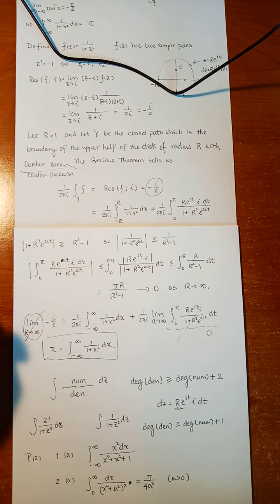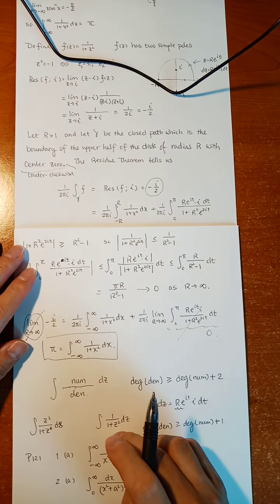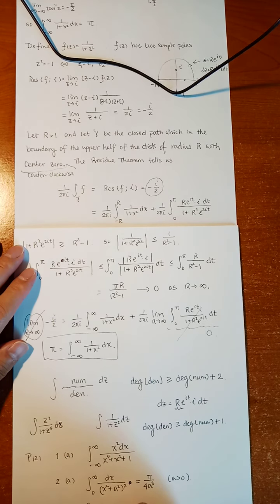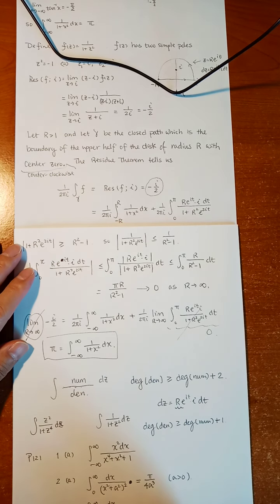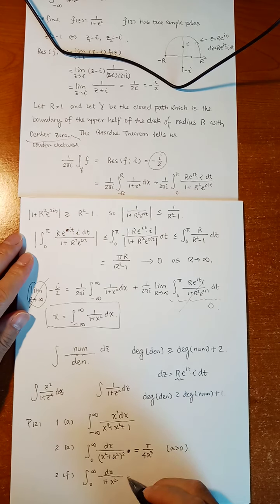And 2f is what we just discussed. 2f is 1 over 1 plus x squared, but the integral is from 0 to infinity.